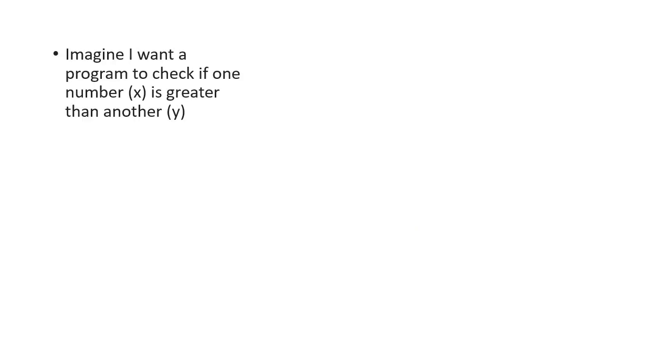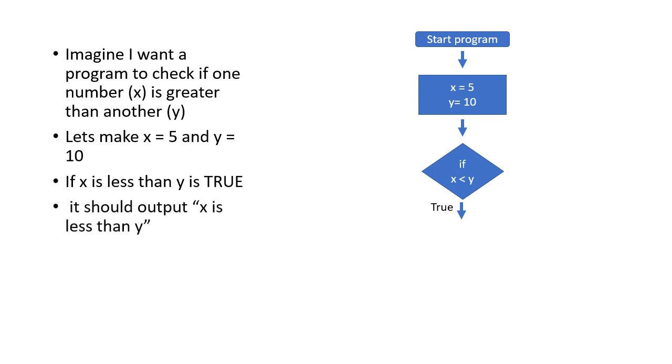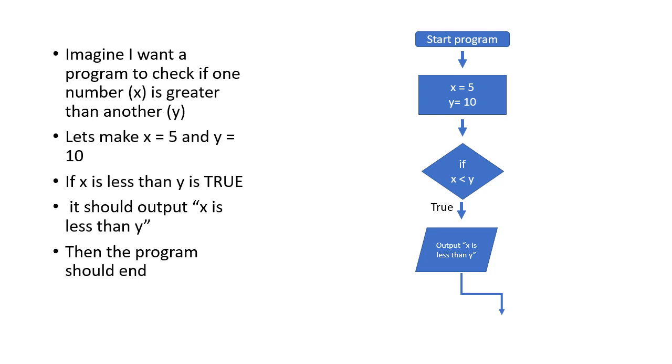For a simple example, imagine I want to create a program to check whether a number is greater than another number. Here we have x is equal to 5 and y is equal to 10. Here's where our conditional statement is going to be placed. If x is less than y, if this is a true statement, then it should output x is less than y and the program should end.